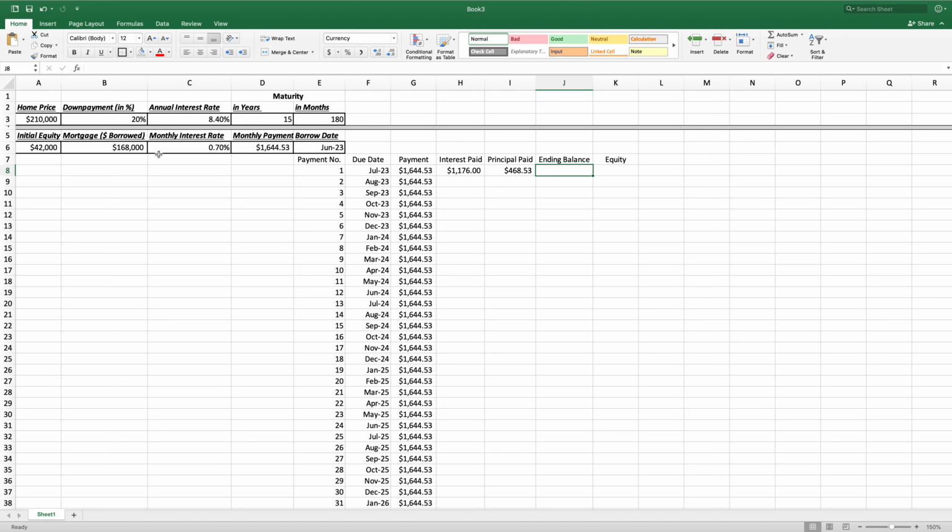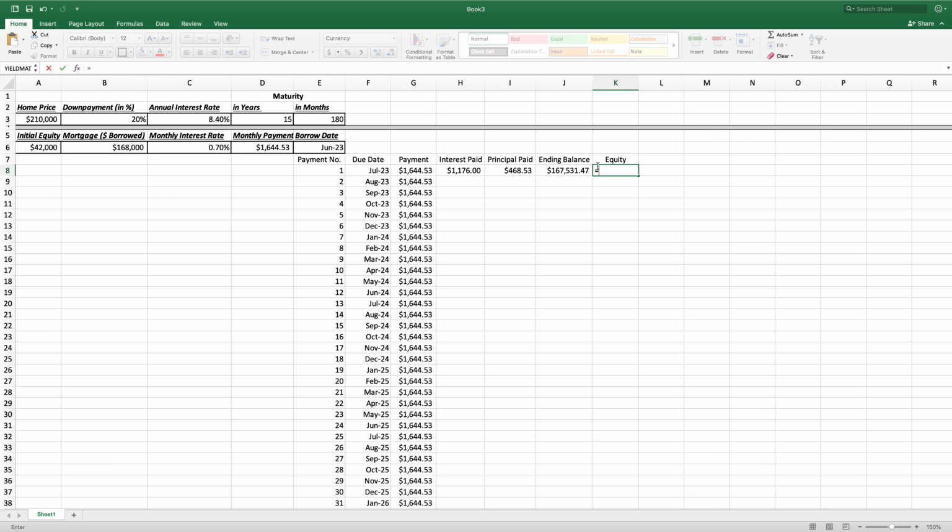After this payment, we should end with $168,000 less $468.53. So it's going to be $168,000 minus this. Okay, so that's our ending balance, as we saw before, $167,531.47.